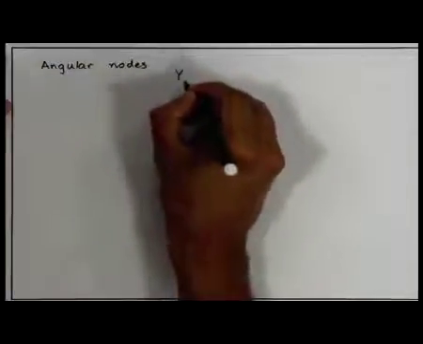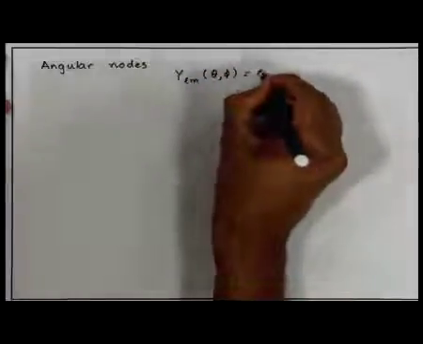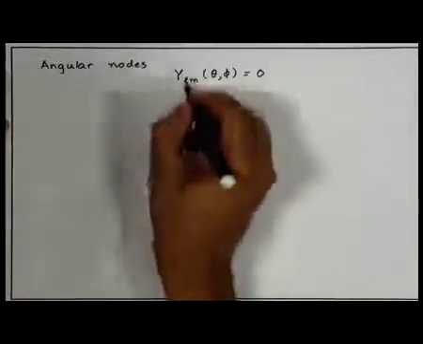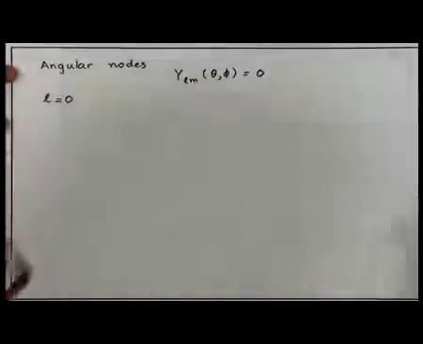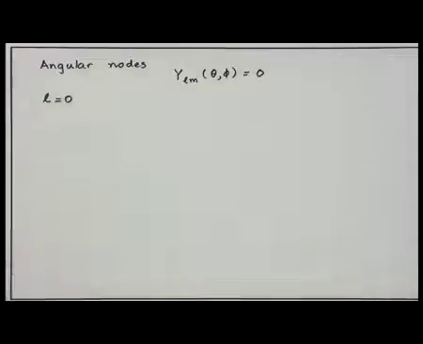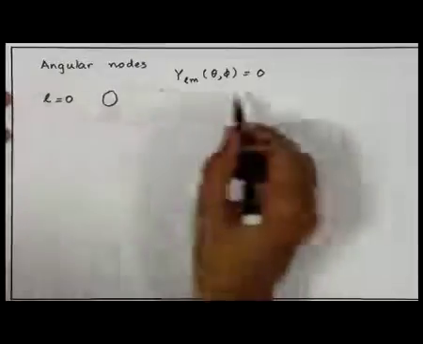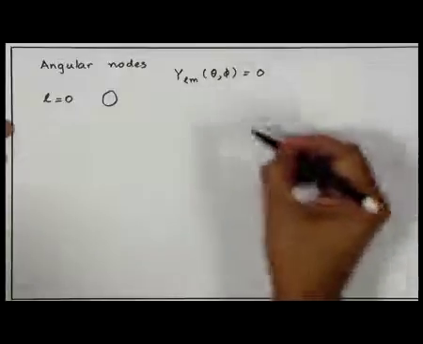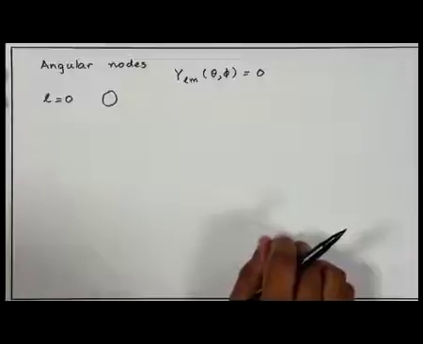Where Y_L^m, which is a function of theta and phi, is 0. The leading quantum number is L here. So, let us say when L is 0, we know what kind of shape we get? We get a spherical shape of the orbital. When it is a spherical shape, you see that no matter what value of theta or phi you take, since it is a sphere, you always have that probability density.